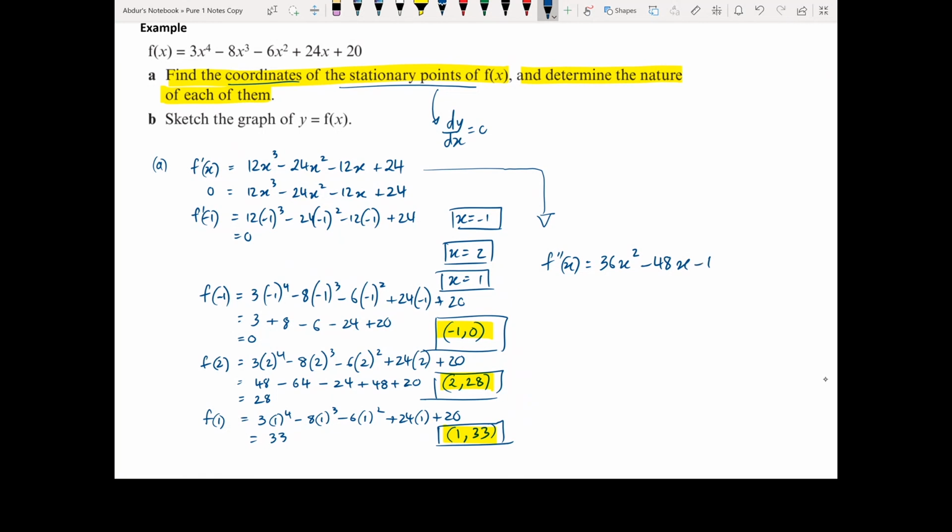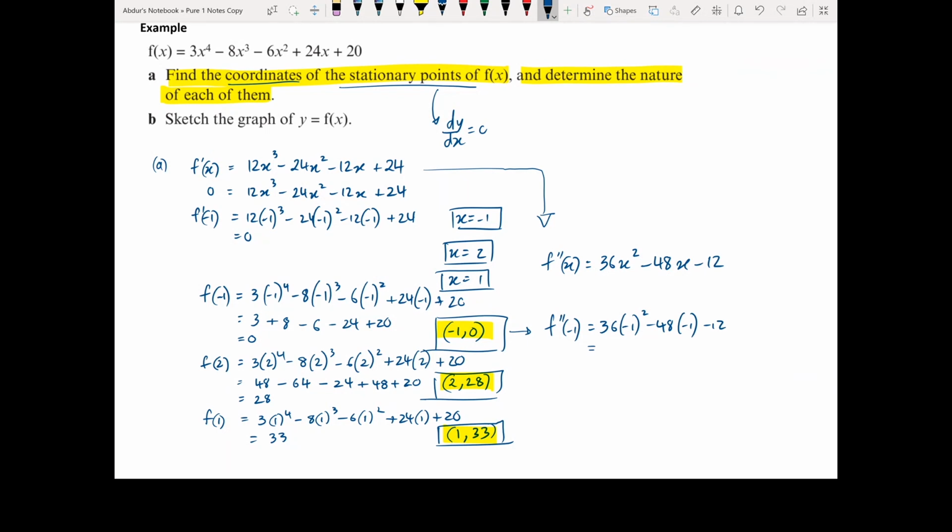Now, what is the value of the second derivative at each of those stationary points? At (-1, 0), f double dashed of minus 1 gets us 36 times (-1) squared, minus 48 times (-1), minus 12.